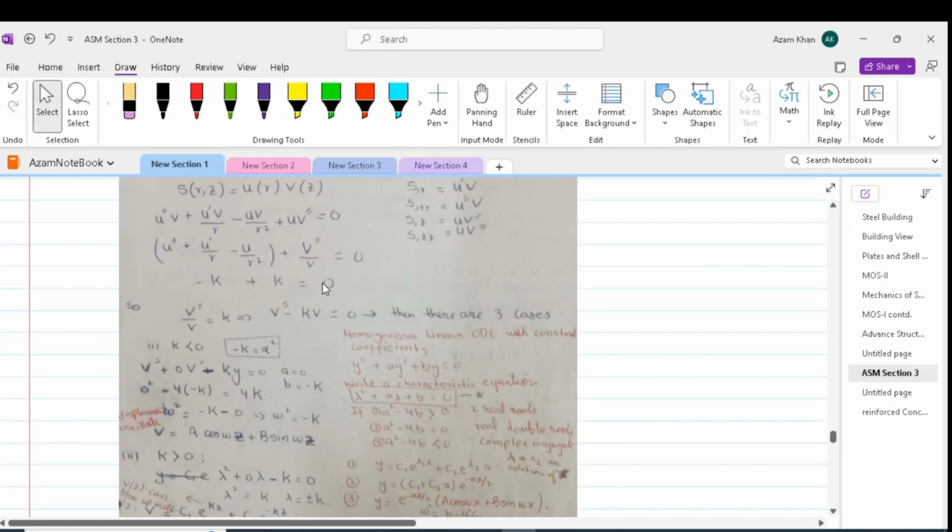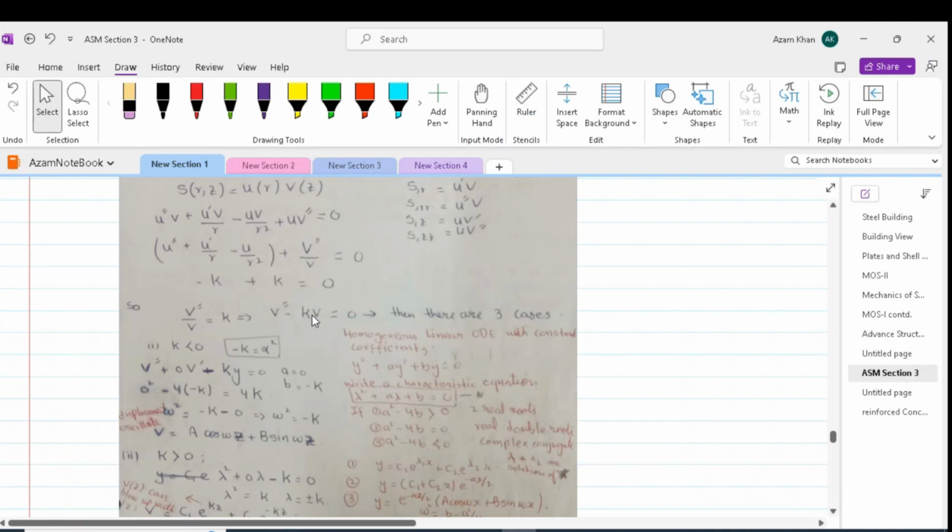Now, we have to find the value of k. First of all, let us take this function. This is v double dash by v equal to k, or v double dash minus k times v equal to 0. So this is a second order linear differential equation.